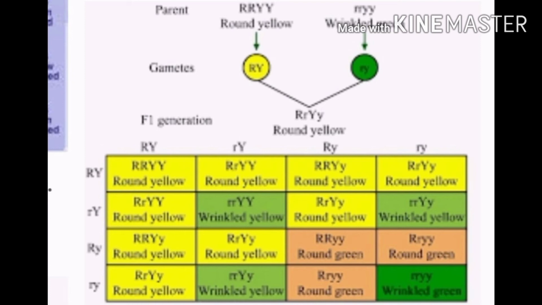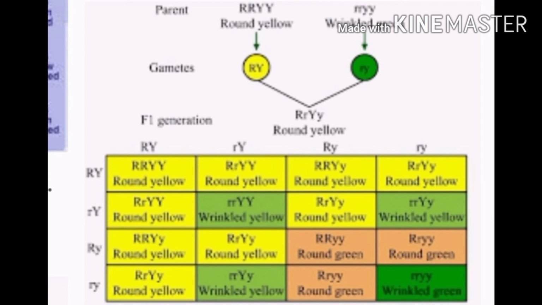Mendel then allowed the F1 progeny to be self crossed or self pollinated to obtain the F2 progeny. Here, through this checkered board, you can easily see the F1 progeny gametes of one parent crossing with the gametes of the other parent, and as a result we are getting the F2 generation progeny.